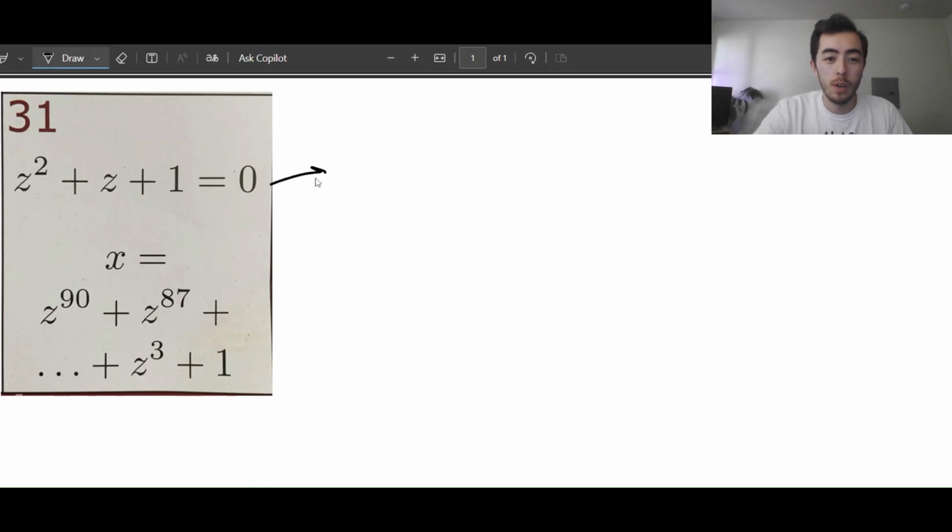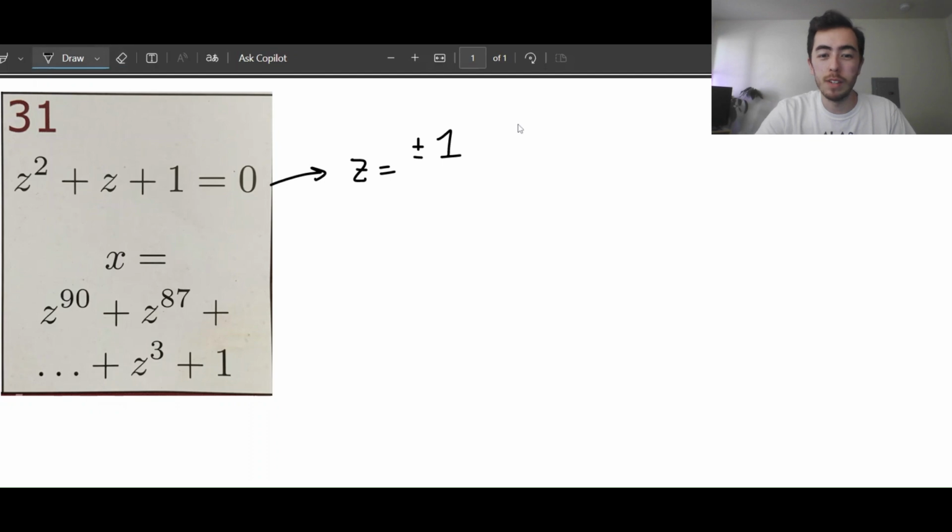So this is just a quadratic, and I think the easiest way to solve it is probably just the quadratic formula. I don't really recognize it as something that's easily factorable, so I'm just going to quadratic formula this guy. I'll say that z is equal to negative b plus or minus the square root of b squared minus 4ac, all over 2a. B is the coefficient on the middle term. There isn't one, so it's actually just 1.